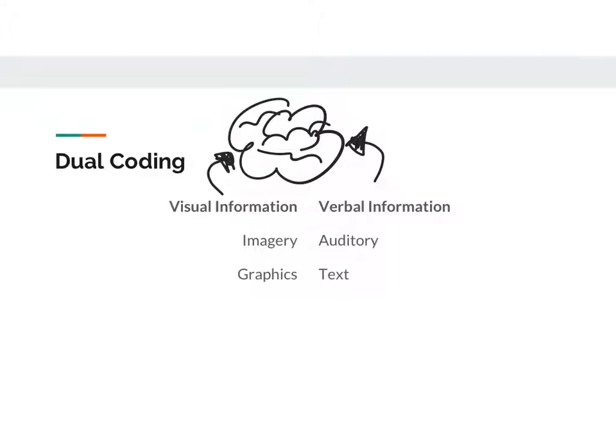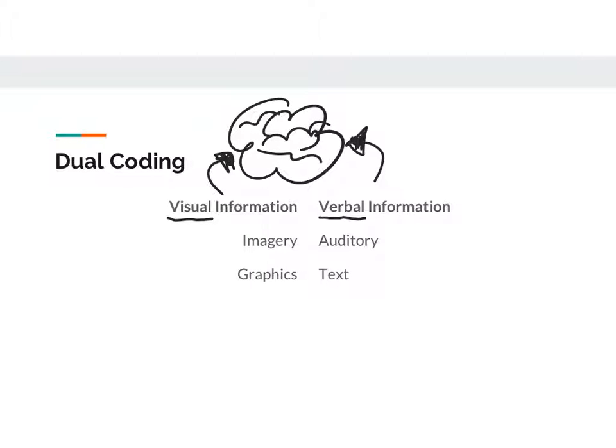The two channels that we're dealing with are the visual and the verbal. The visual is what you might expect. It has to do with imagery, graphics, pictorial representations, anything that is not engaging the linguistic center of our mind.